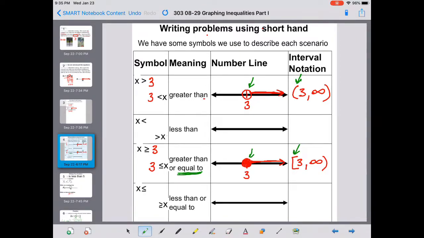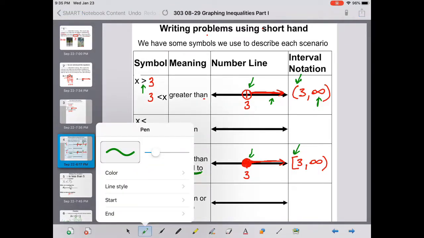The parenthesis and the bracket mean the same thing as the open and the filled in circle. We want to use parentheses when it's just greater than or less than, and we want to use the bracket when it's greater than or less than or equal to. In both cases, because it's greater than, we shade to the right. And if you look at the inequality symbols, it looks like a little arrow pointing to the right. So that helps us remember where to shade.